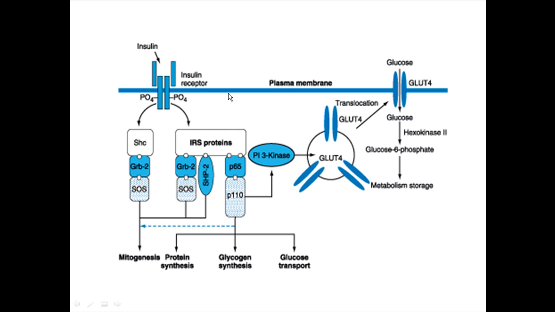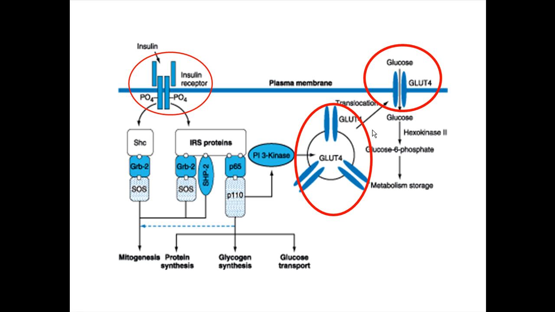Maybe you thought that insulin took glucose out of the blood. No, insulin is a hormone. Hormones tell cells what to do, and so insulin is going to tell the cell to make a glucose transporter. All right, so here's the receptor, here's the transporter, here's the glucose.